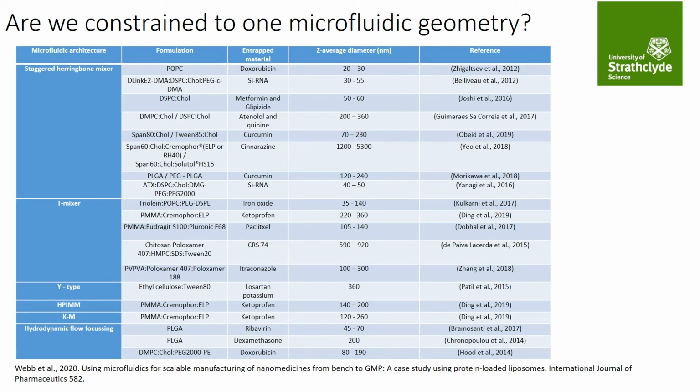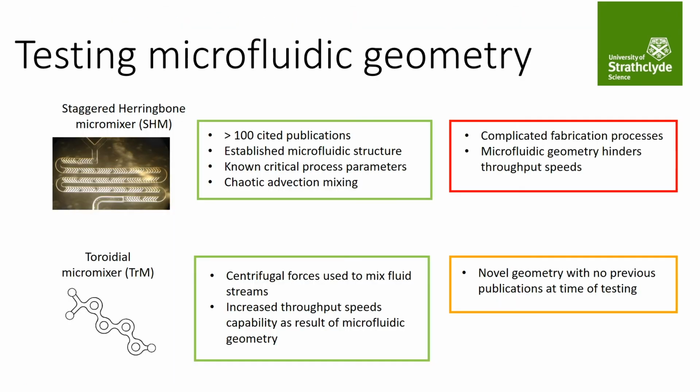With the staggered herringbone mixer, their use for the higher volumes needed for GMP production is quite limited, as the structures within the cartridge make it difficult to achieve throughput speeds that meet good manufacturing practice in terms of the final product volume, and the structures within the cartridge are also quite complicated to fabricate on a larger scale.